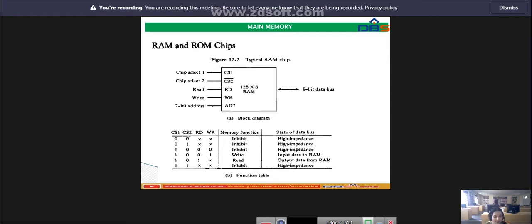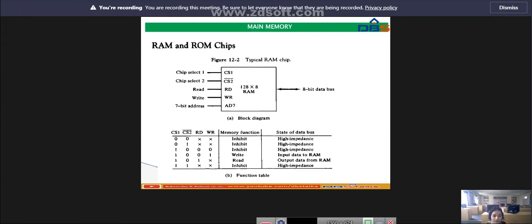So now the difference between static RAM and dynamic RAM. The static RAM consists essentially of internal flip-flops that store the binary information. The dynamic RAM stores binary information in the form of electric charges that are applied to capacitors.